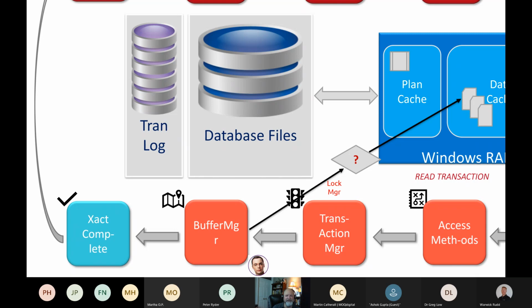The bigger your database is and the smaller the amount of SQL Server memory you have, there's a very good chance that the data you need will not be in cache. And so SQL Server has to send a request out to the database files to get that data, finds the data in the 8K data pages, and loads that up into the cache.